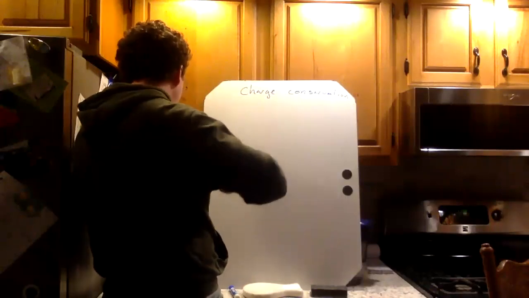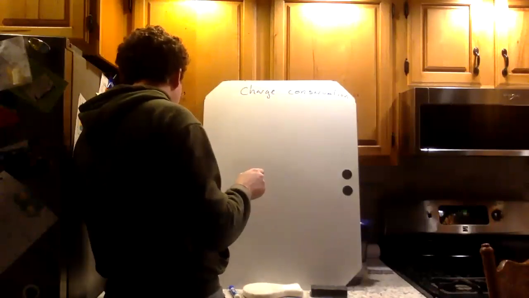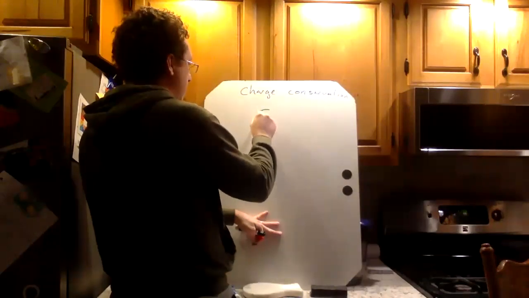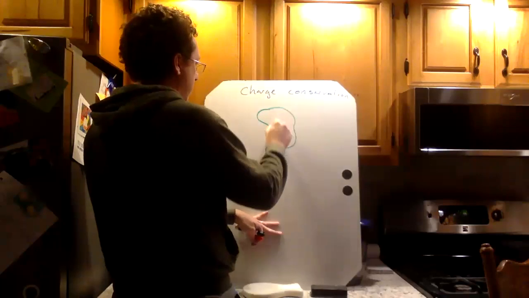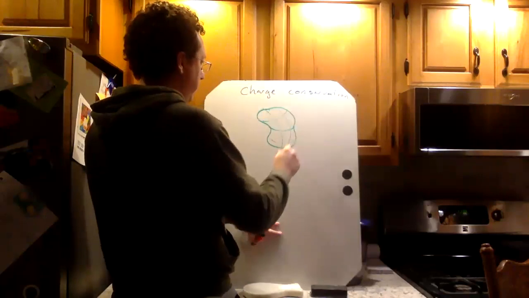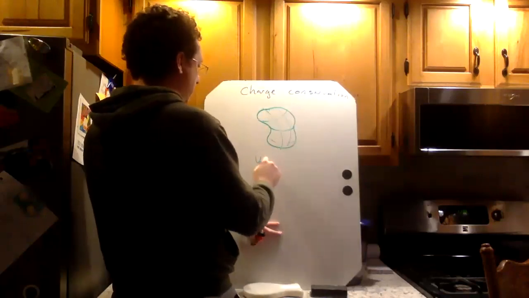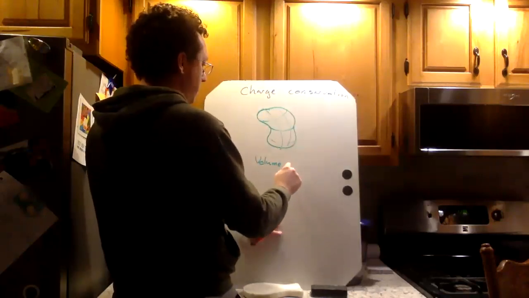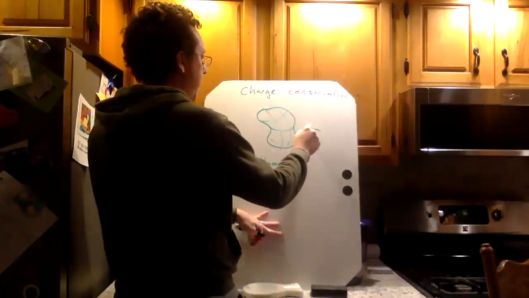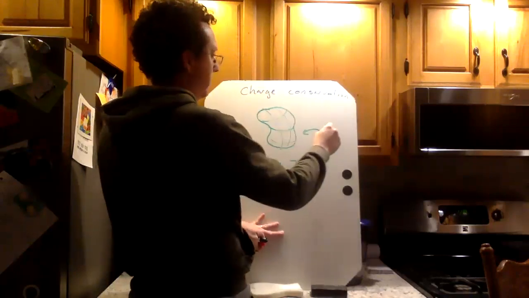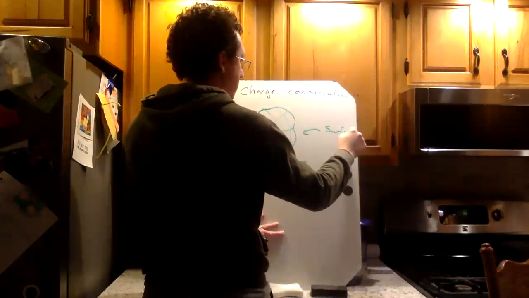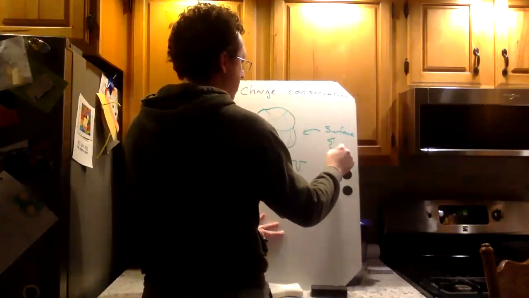Let's imagine that I have a volume. It's a 3D shape, and I'm just going to call it V. And then the boundary of it is the surface sigma.